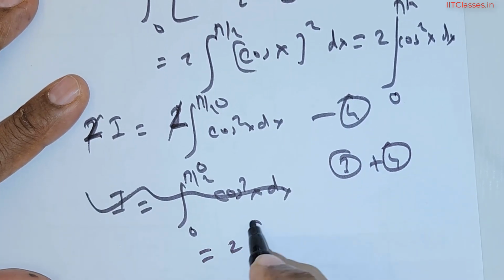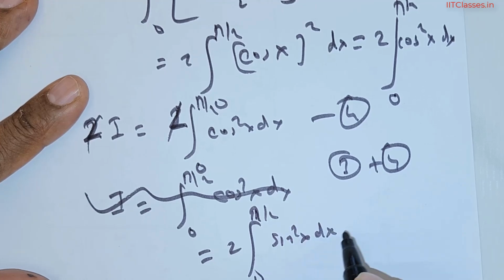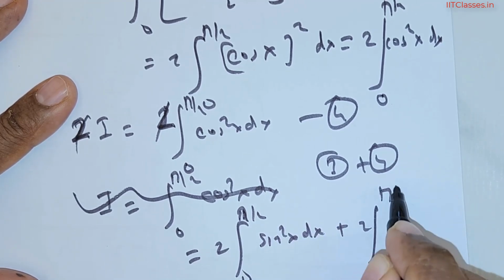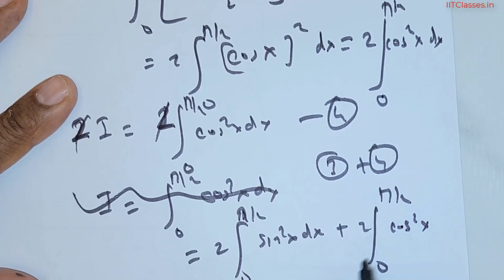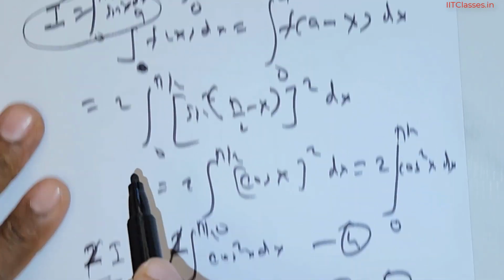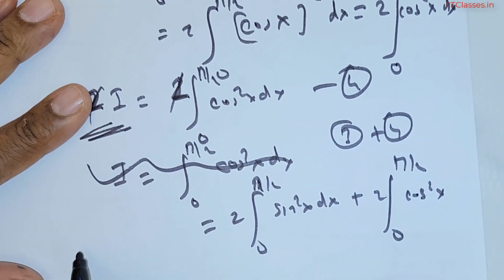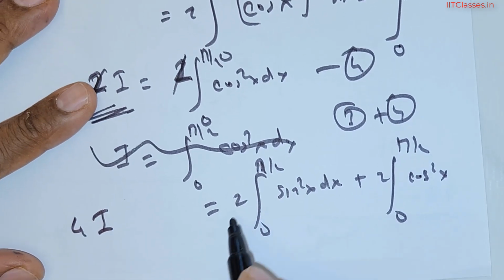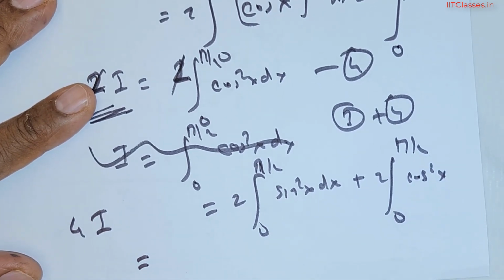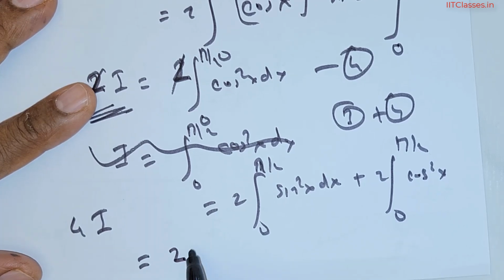3 plus 4 will give me 2 times integral 0 to pi over 2 of sine squared x dx plus 2 times integral 0 to pi over 2 of cos squared x dx. On the left you have 2I and then 2I, so this is going to be 4 times I. Now I can take 2 out.